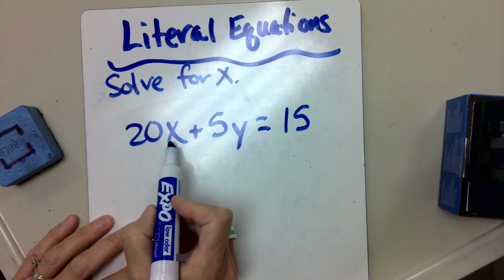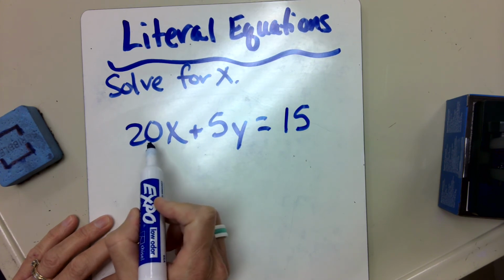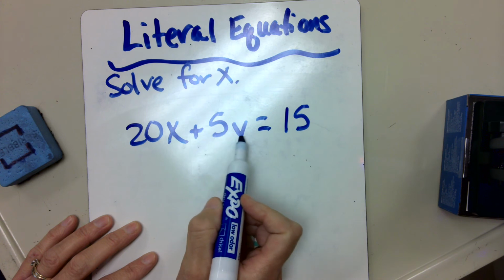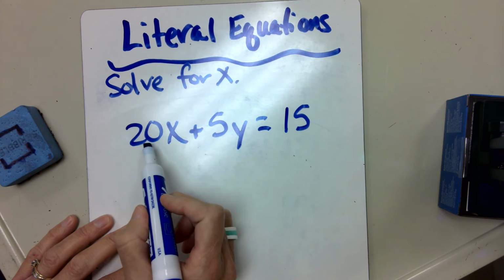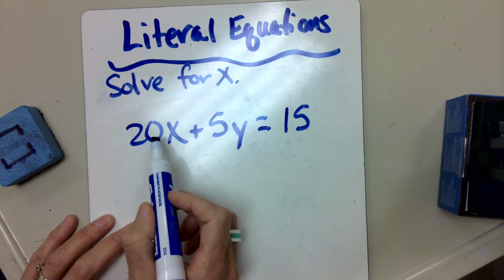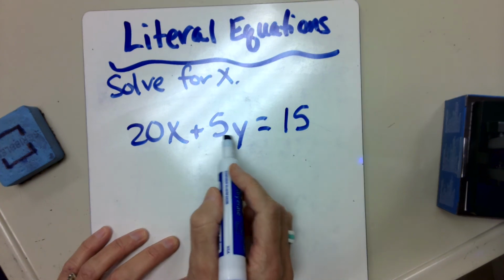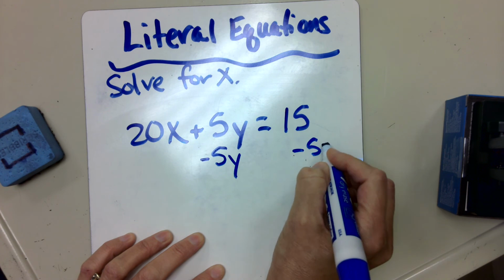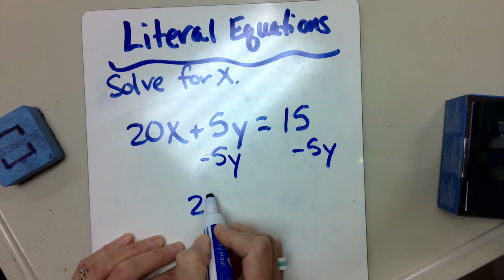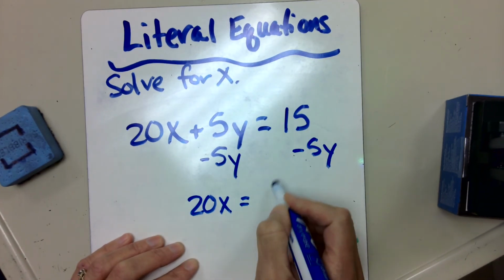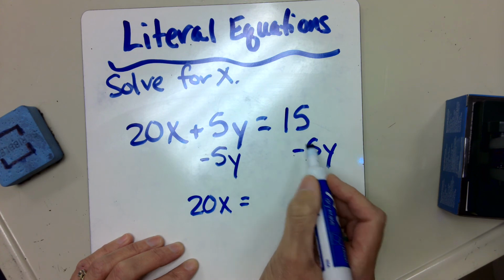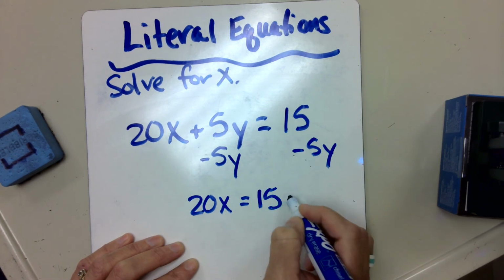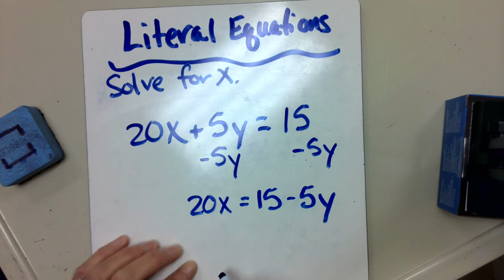Here's our x, so we know we're going to have to get rid of the 20, and we're going to have to get rid of the entire 5y. Well, the 20 is the coefficient, so we're going to save that for last. So we need to get rid of this 5y. Subtract the entire thing from both sides. 20x is still there. The 15 minus 5y we can't do. They're not like terms, so we just rewrite it horizontally.